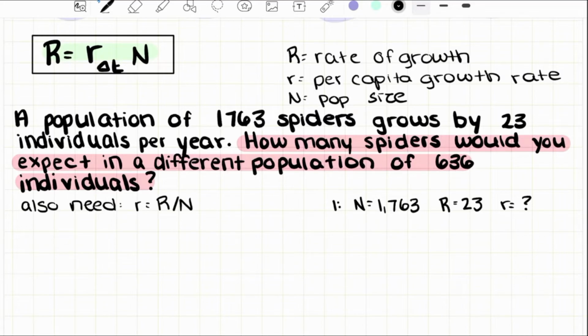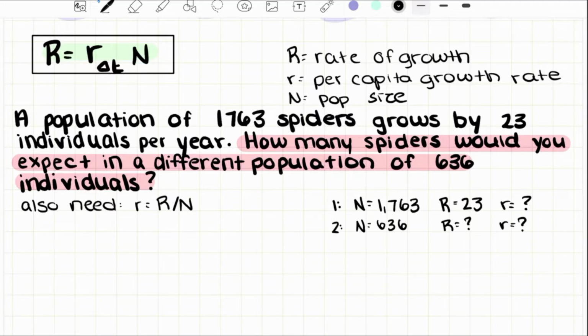Now let's look at the second population. Do we know what N is? We sure do. It is 636. Know what big R is? No. There's no information on that. What about little r? We don't have information on that either.